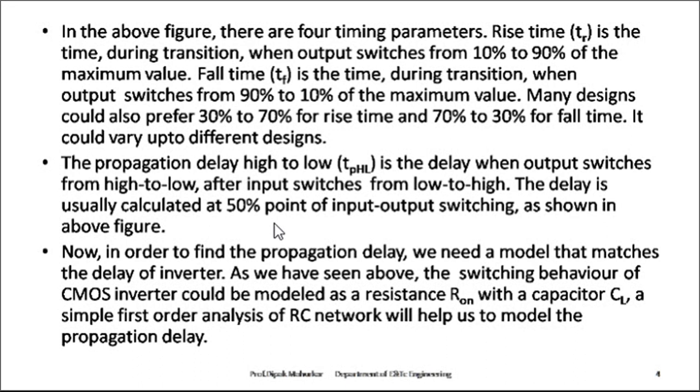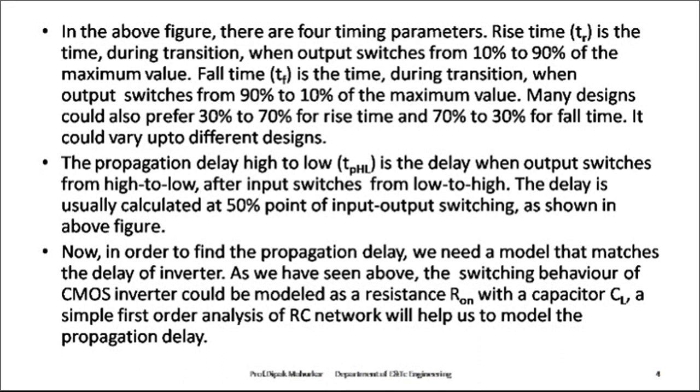So now, in order to find the propagation delay, we need a model that matches the delay of the inverter. As seen above, the switching behavior of a CMOS inverter could be modeled as a resistor R and a capacitor CL. A simple first order analysis of the RC network will help us model the propagation delay.